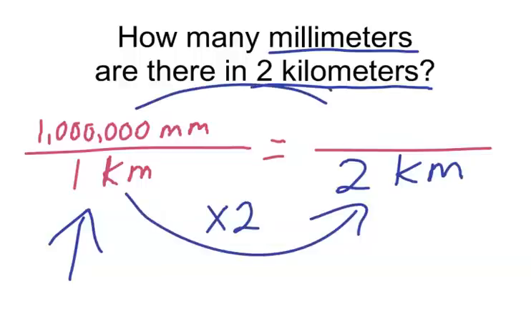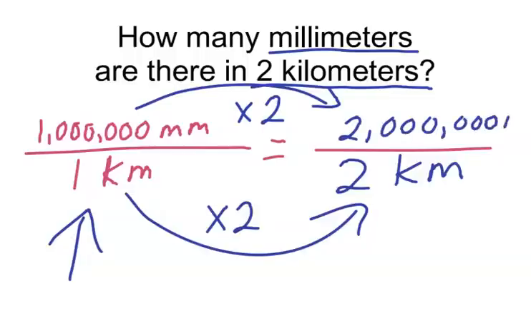So then, of course, we're going to do 1 million times 2, which, if you can do the good math on that one, is 2 million. Okay, that's all there is to that one. So 2 million millimeters is 2 kilometers. And there's your answer.